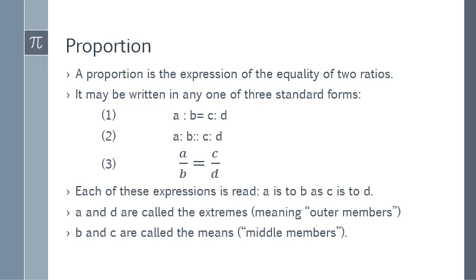Now over here, the values that are present at the ends, that is A and D, are called the extremes or the outer numbers. The values that are in the middle, B and C, are called the means or the middle numbers.